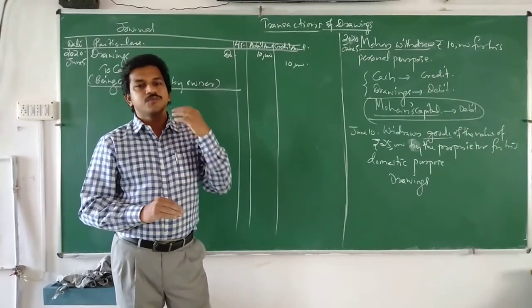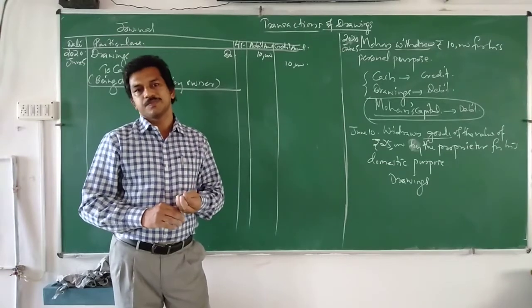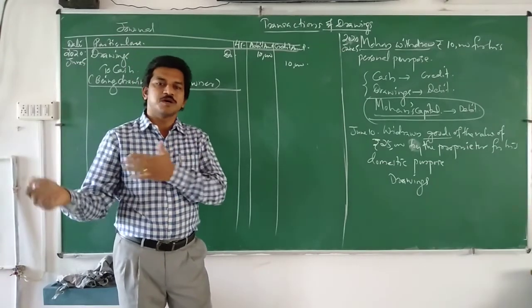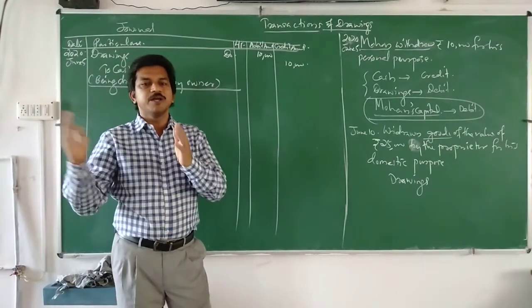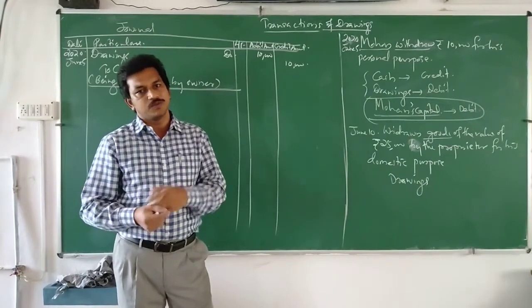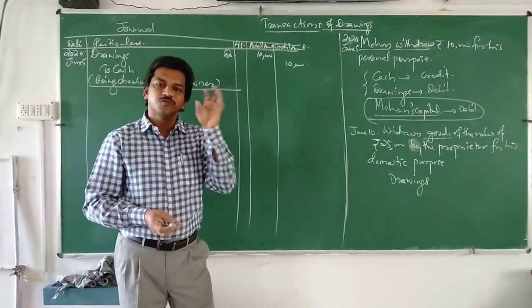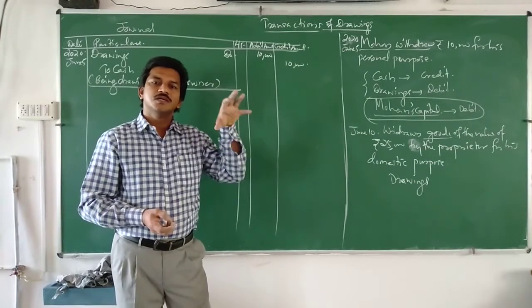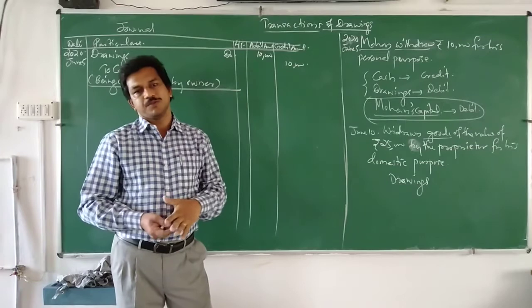So what will we do? We will deduct that from the cost price, that means from the goods purchased. Suppose we are purchasing goods and selling. From the goods purchased, the owner takes some of the goods. From the total amount of goods purchased for the business, the owner took some goods for his personal purpose.